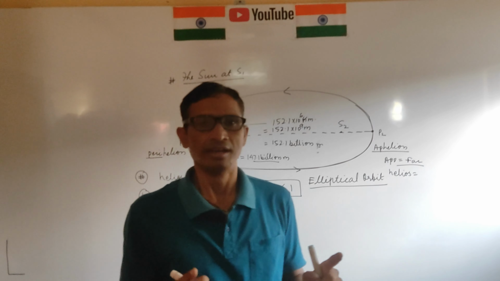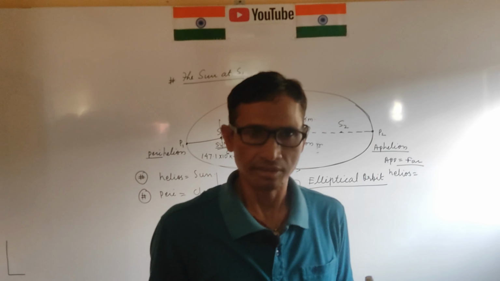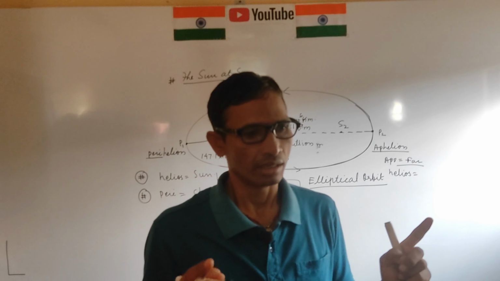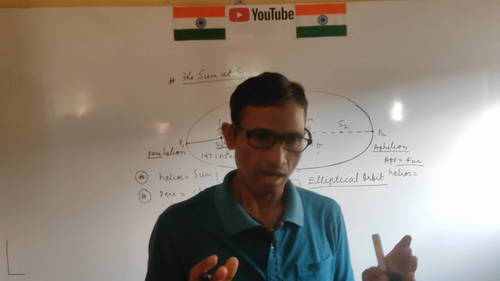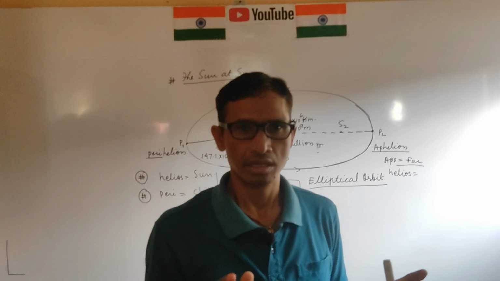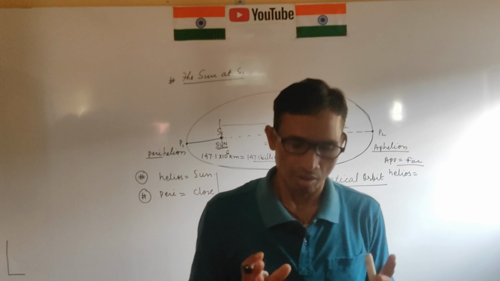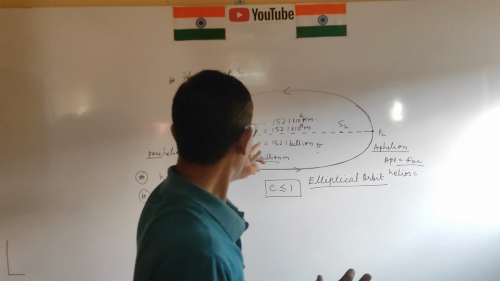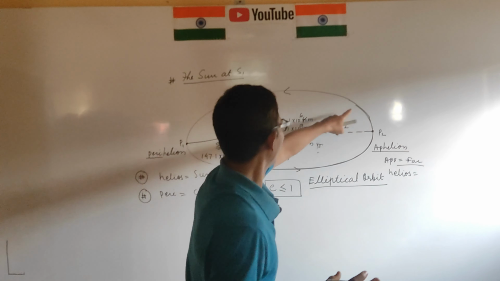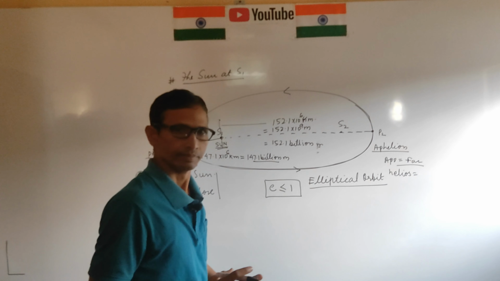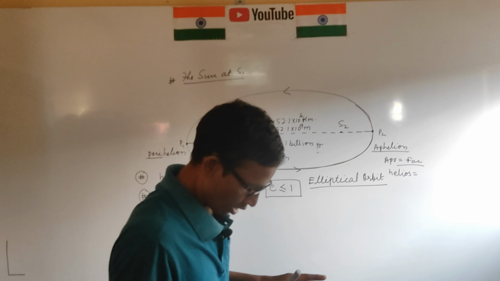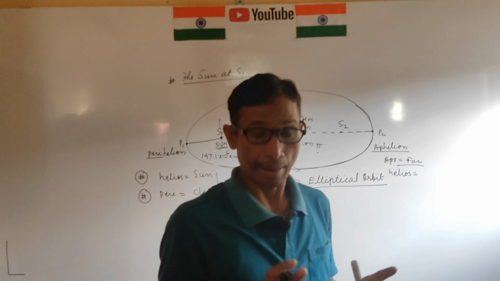When the earth is moving around the sun, its revolution is in an elliptical path, and this is Kepler's first law.